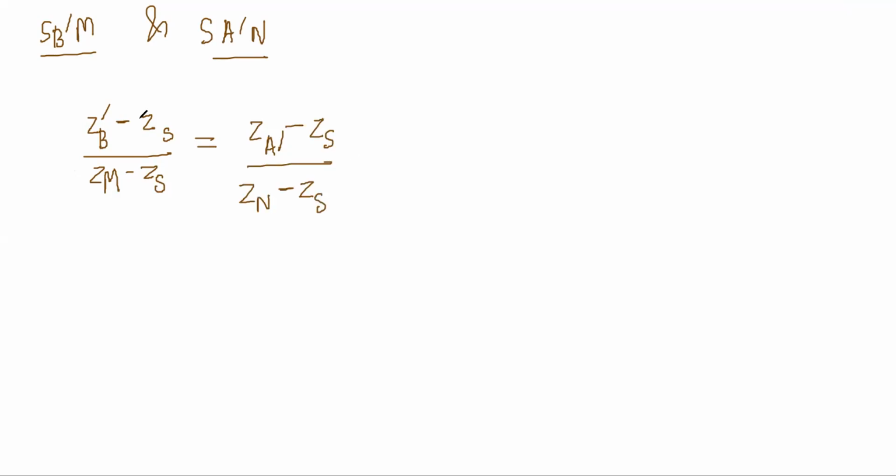Now Z of S goes away, so you have to show Z of B dash by Z of M is same as Z of A dash by Z of N, because Z of S is 0.